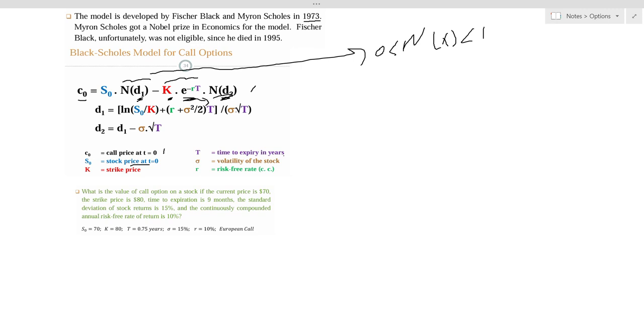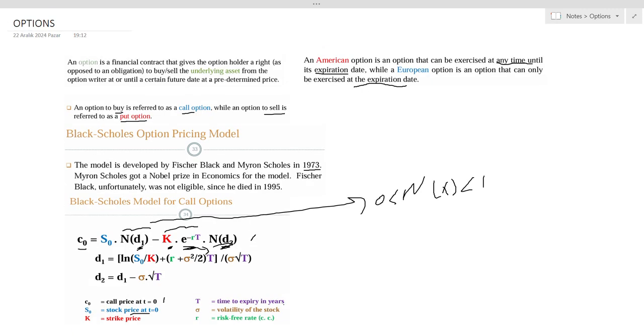By the way, I have a question for you. We defined what the option is. So according to you, are options valuable under high volatility or low volatility? Consider that, because if you understand what the option is, you can understand the model better.